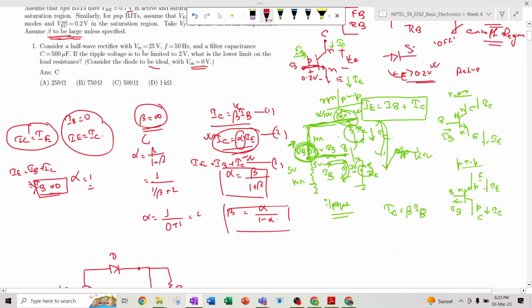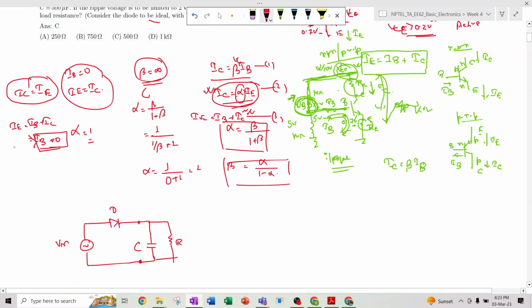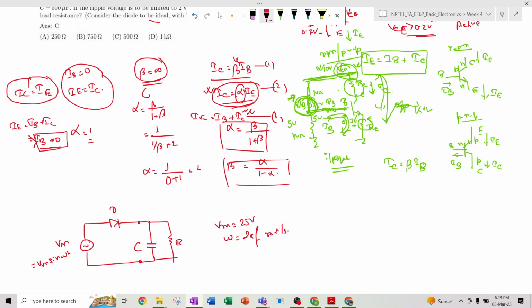Here in the question it is told to consider a half wave rectifier with Vm equal to 25 volts. So V in is Vm sine omega t. Now in the question Vm is 25 volts and omega is 2 pi f radian per second, so twice pi f, and the frequency in the question is 50 hertz. So that means 100 pi radian per second. This is the omega value.